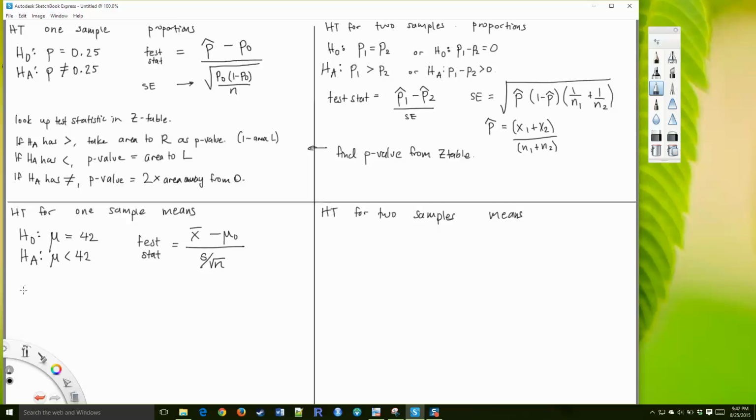And then you look up your test statistic in the t-table. Use degrees of freedom equal to n minus 1. Always round down if you can't identify it.